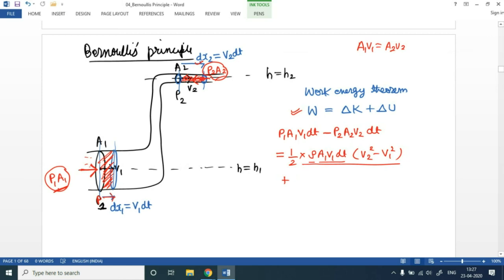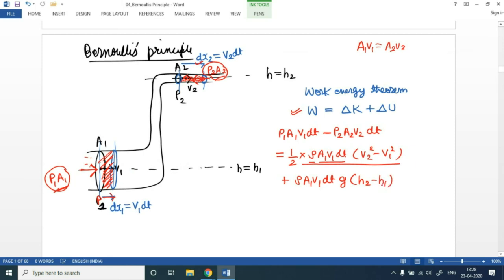This has moved from height h equal to h1 to h equal to h2, you can say. So the potential energy is increasing over here. So mass we will write as rho A1 v1 dt, and delta U is m g into the change in height, which is h2 minus h1.